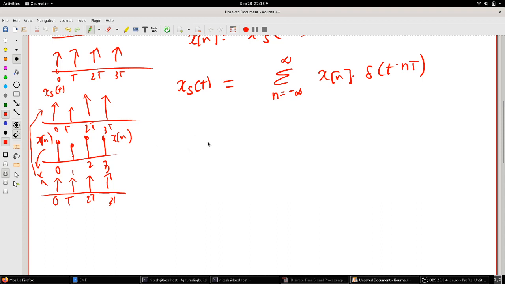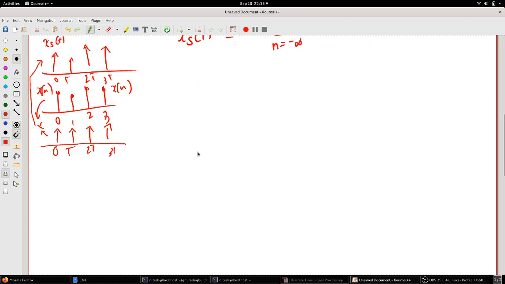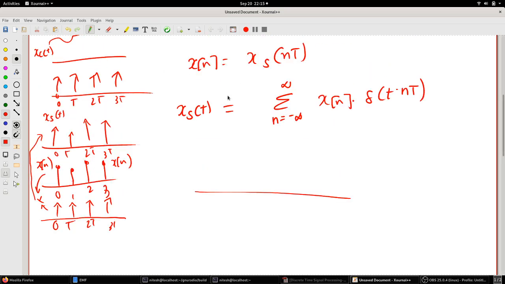Okay, so now xs of t, if we will just move to the frequency domain for a short while. If you remember the C to D converter, we started off with saying that in the frequency domain, xc of t has got a continuous time Fourier transform, which looks something like this. This was the assumption we started off with, right?